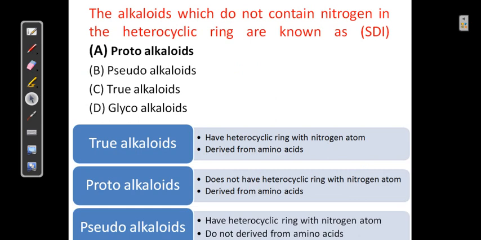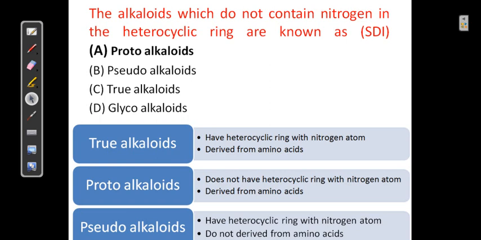Next: the alkaloids which do not contain nitrogen in the heterocyclic ring are known as which type of alkaloid? This question was asked in senior drug inspector examination. See, mainly there are 3 types of alkaloid: true alkaloid, proto-alkaloid and pseudo-alkaloid.